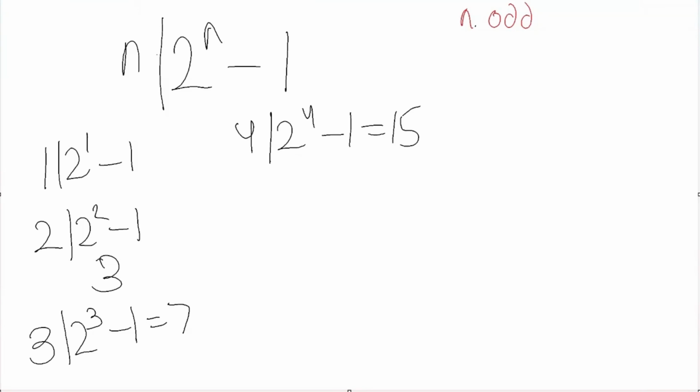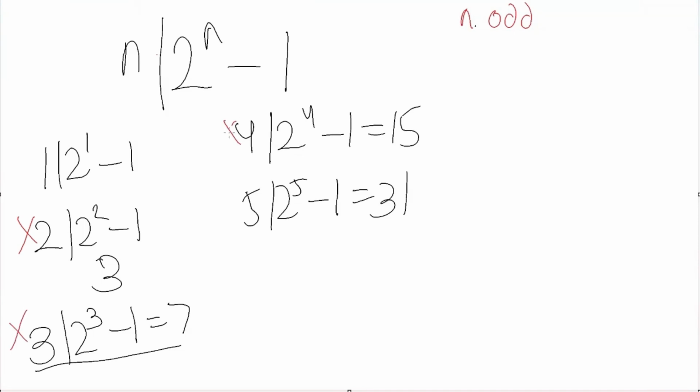But again, we see that 3 doesn't work here, and 5 divides 2 to the 5 minus 1 is 31, so 5 does not work. So it does not work, does not work, does not work, and this one here does work. So it doesn't really seem that 1 is the answer.